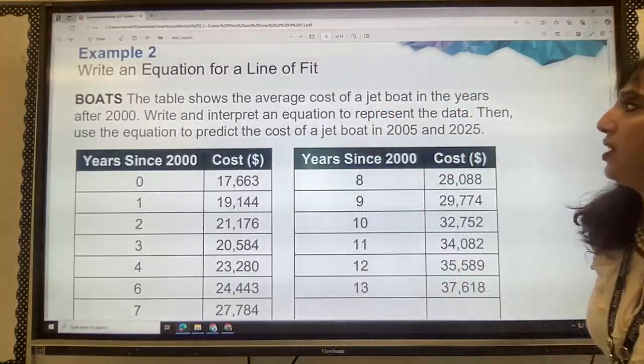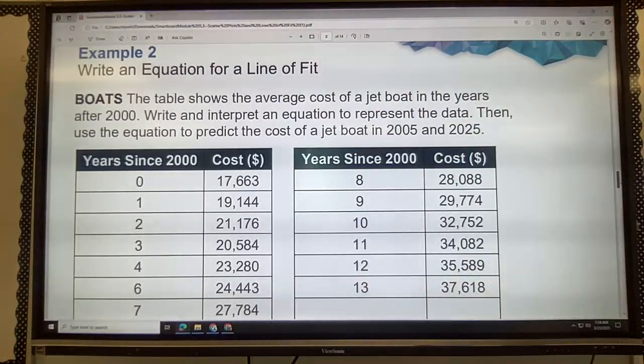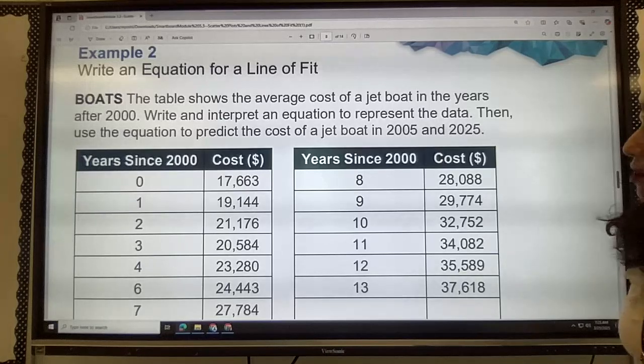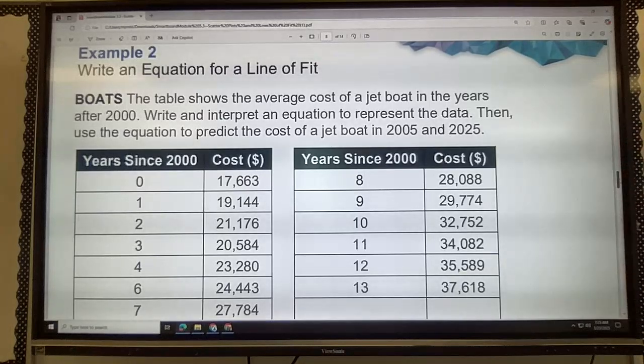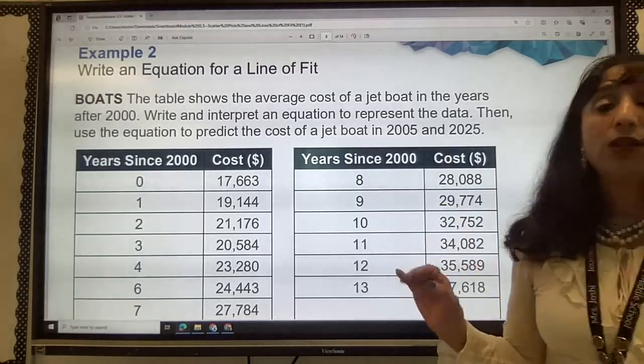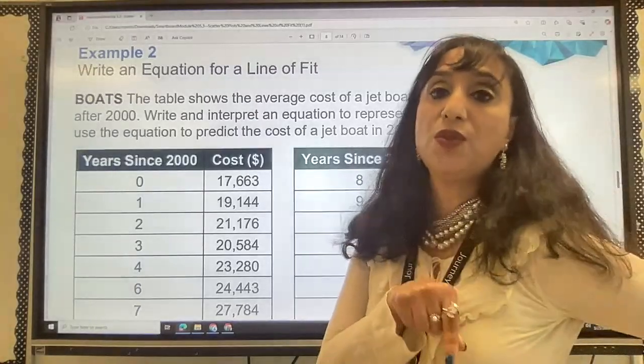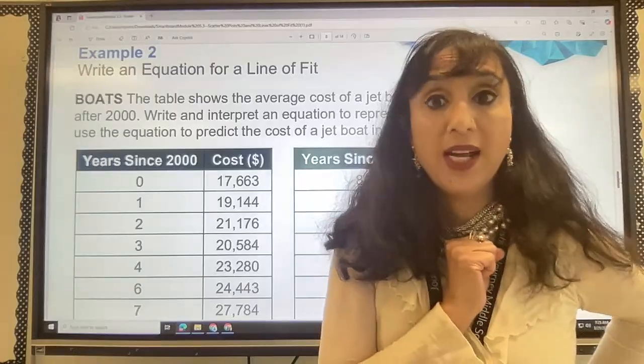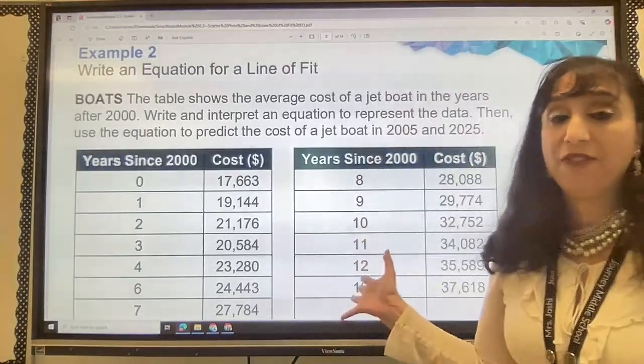The table shows the average cost of a jet boat in the years after 2000. Write and interpret an equation to represent the data. Then use the equation to predict the cost of a jet boat in 2005 and 2025. So now these values are given to me. The first thing I'm going to do to create a scatter plot is graph this.